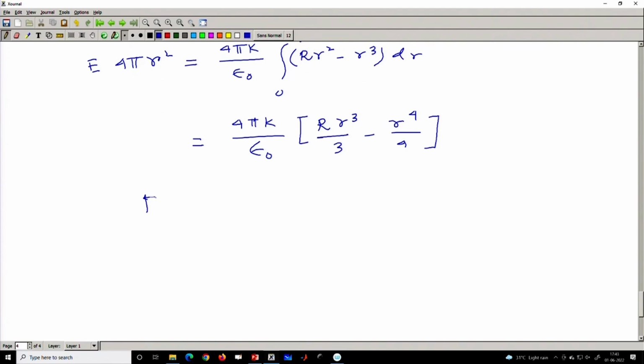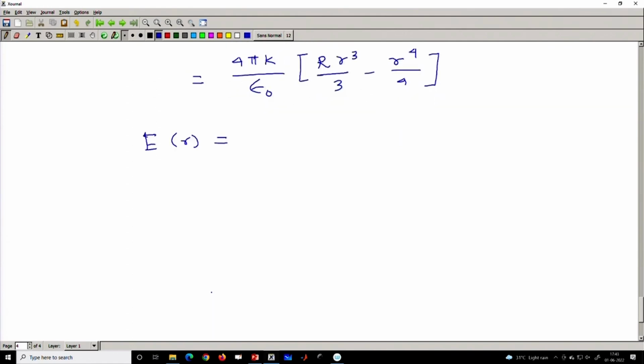So, my E at any point r should be, the 4 pi will cancel out, k divided by epsilon naught and then we have r divided by 3 minus r square divided by 4.